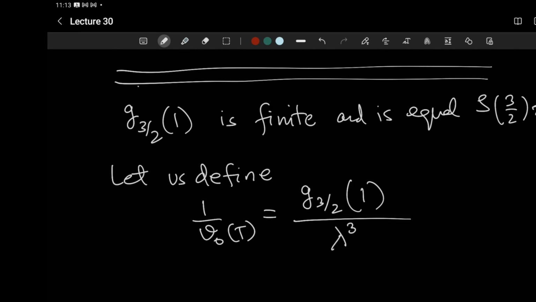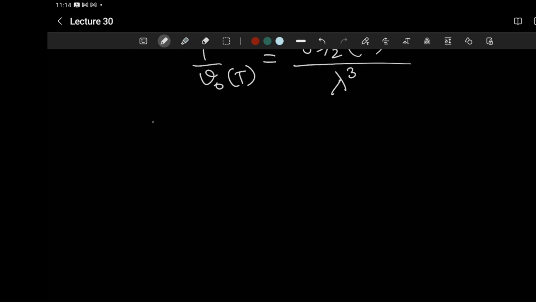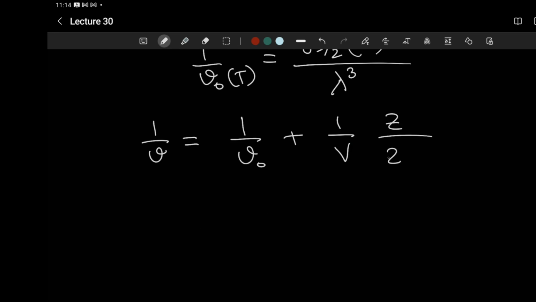The temperature dependence is there because lambda depends on T. It's a thermal wavelength. So I'll rewrite formula 1 as 1 by v equal to 1 by v naught plus a term in z. Of course this is a function of temperature. z is also a function of temperature, but I just want to say v naught is not a fixed number. It varies as we vary temperature.